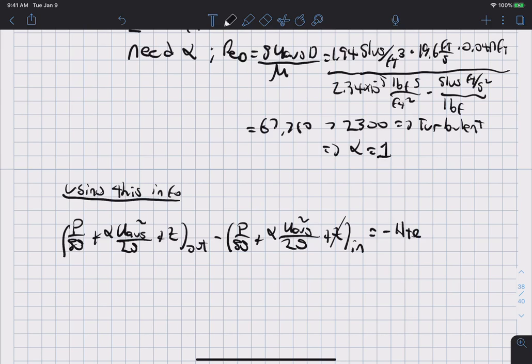Okay, well, we know that this is 0. We know that alpha equals 1. This is the inlet pressure that we are trying to solve for.